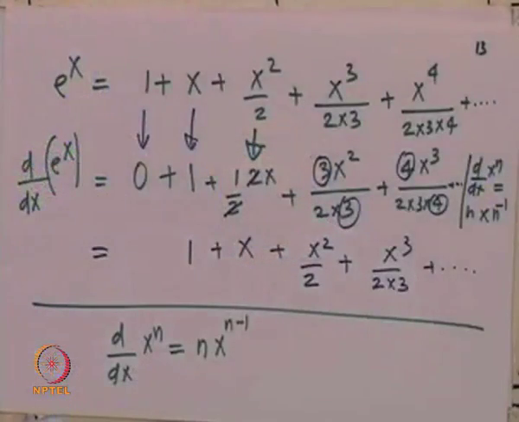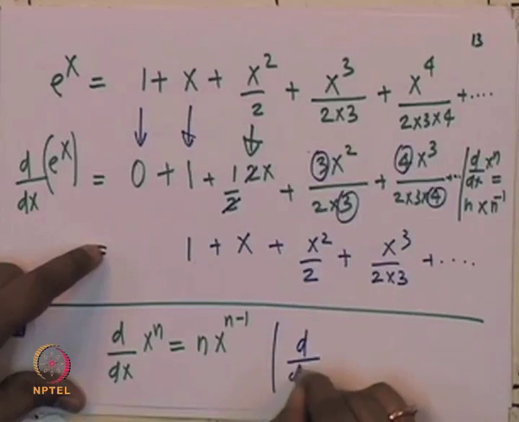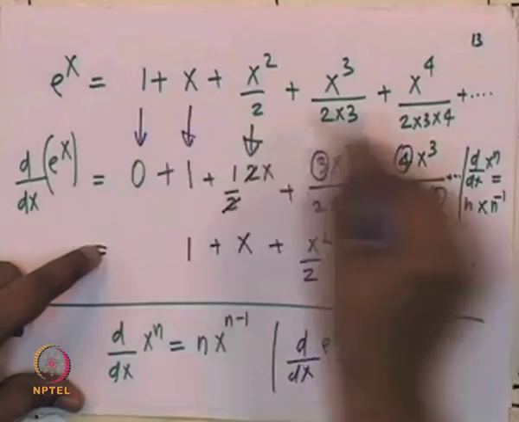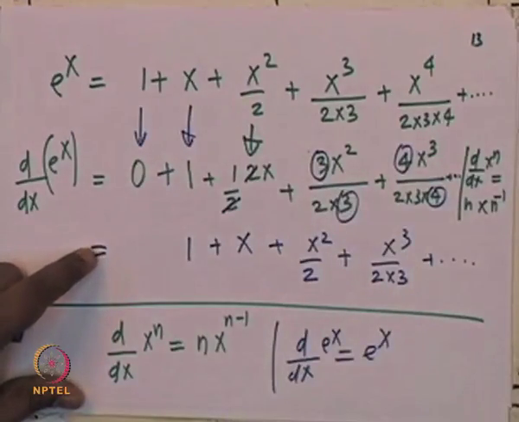Take any mathematics textbook or even the logarithm tables we have, and find the exponential function for many terms, maybe up to 10 terms. Then calculate the derivatives according to these two rules we know, and see what you get. You will get that d by dx of e power x is e power x itself. Whatever you start with is the same thing you end up with.